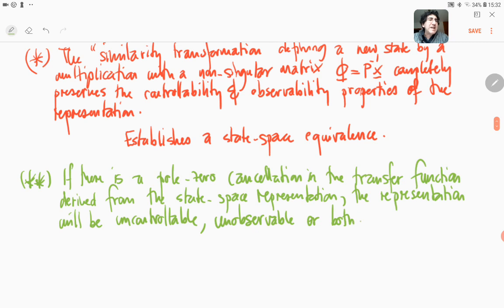That means it cannot be at the same time both controllable and observable. Remember that we can put the state space representation into its observable canonical form, and I'm going to show you an example in a minute. If we put it into observable canonical form, it's going to be observable, but it will not be controllable, and vice versa.